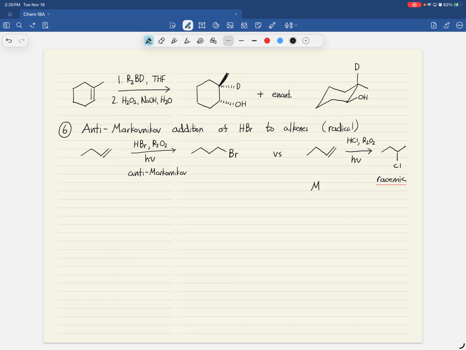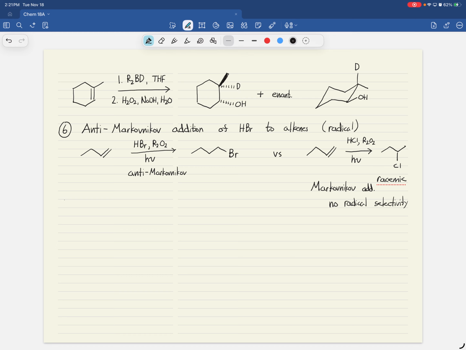So this is simply Markovnikov addition. No radical selectivity. So this only works with HBr. It doesn't work with HCl. If you ever see the HCl version here, you're not going to do anti-Markovnikov. You'll have to write Markovnikov. It doesn't do what you expect it to do.